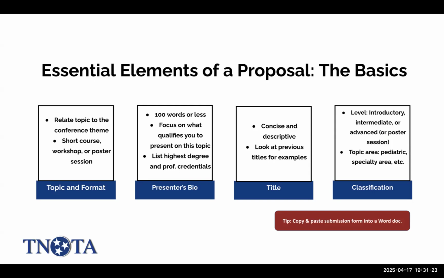And you can get to that if you go to the TNOTA website and click on events, and it'll list this year's conference and also last year's conference. Check out the titles and even the bios and the descriptions and learning objectives and all that from last year's sessions as a model and an exemplar that you might use.